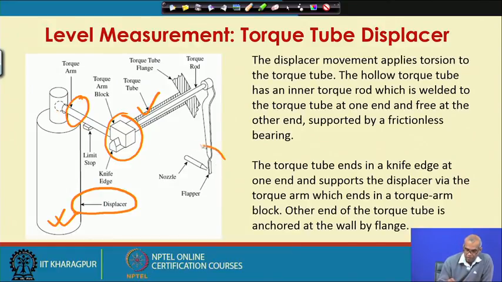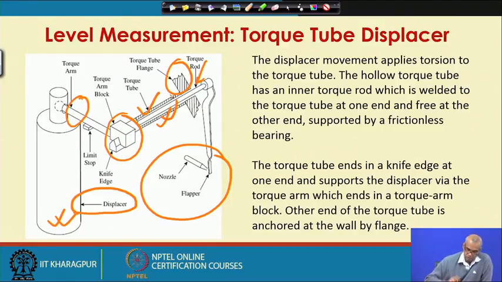And here I have a flapper nozzle system connected to one end of the torque rod, and this part comes out of the wall of the tank, and you have this flange which rigidly connects the torque tube with the wall of the tank.